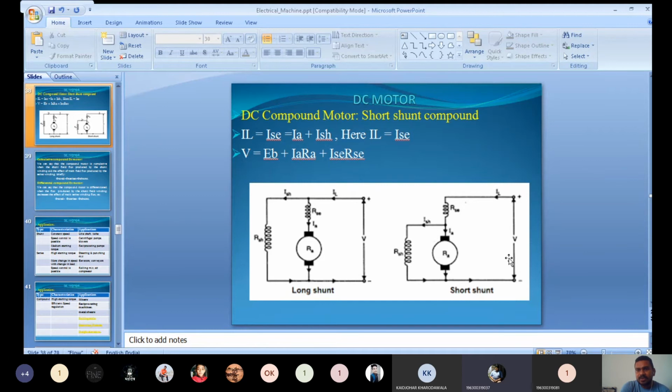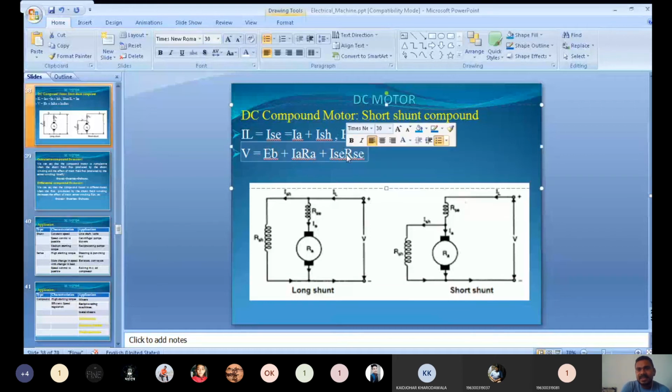Now what is the voltage equation? Here is V. So V is equal to back EMF EB plus the voltage drop in the armature, that is IA RA, plus ISC RSC, the voltage drop in the series field winding. So V is equal to EB plus IA RA plus ISC RSC.